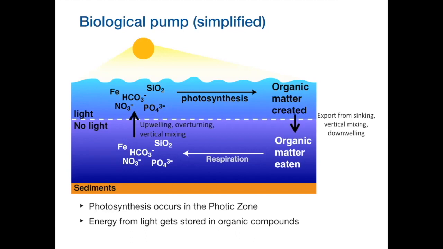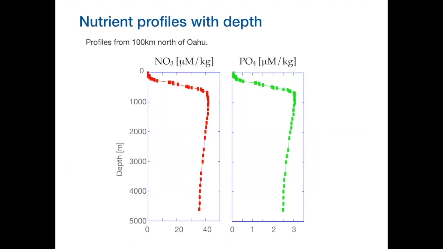In the ocean, photosynthesis can only occur in the light layer, the euphotic zone. Respiration can occur in both light and no light layers. Nutrient profiles vary greatly with depth. Because the photosynthesis occurs in the upper ocean where there's light, the nutrients are being drawn down as they're being converted into organic matter.